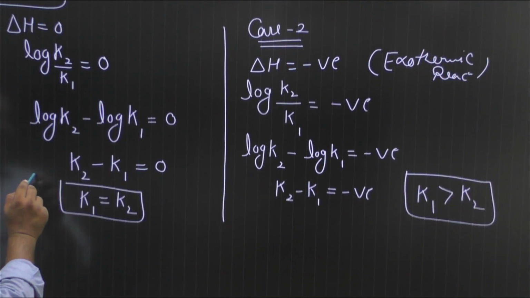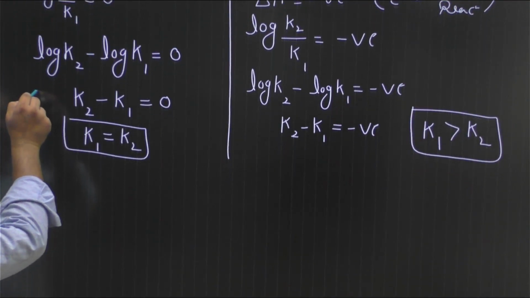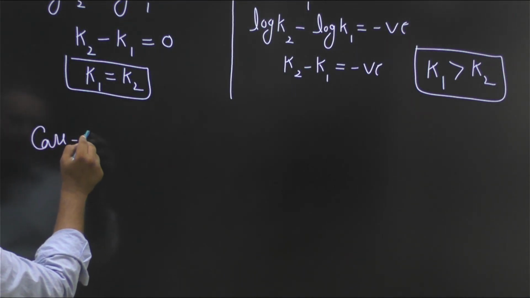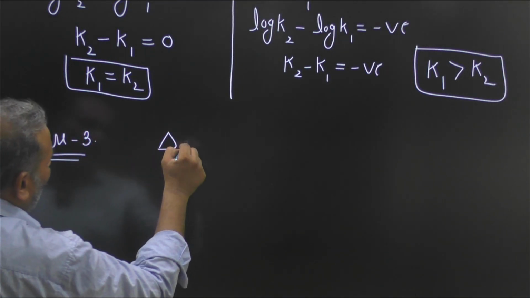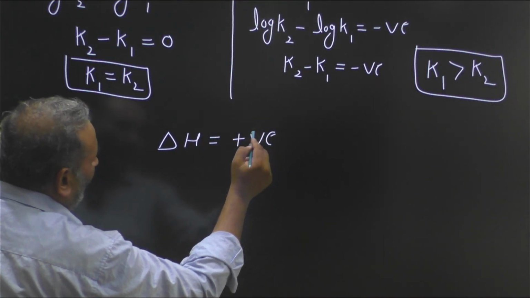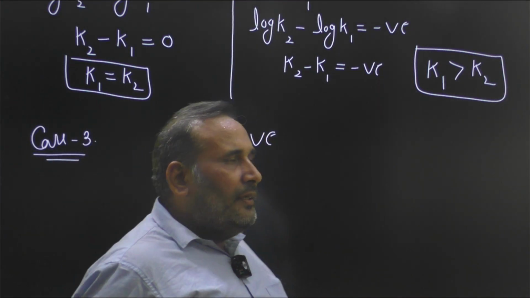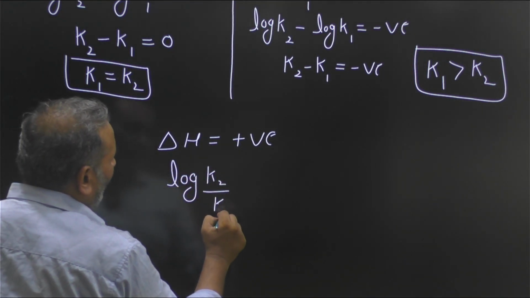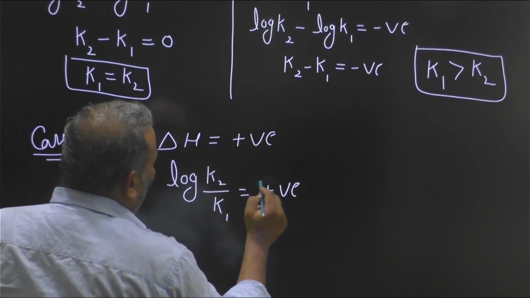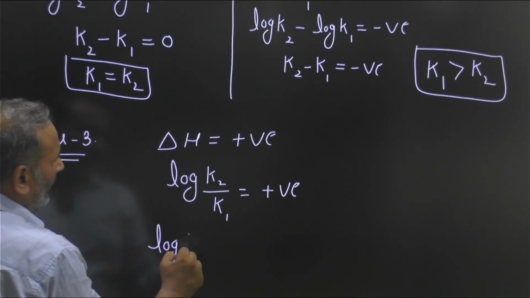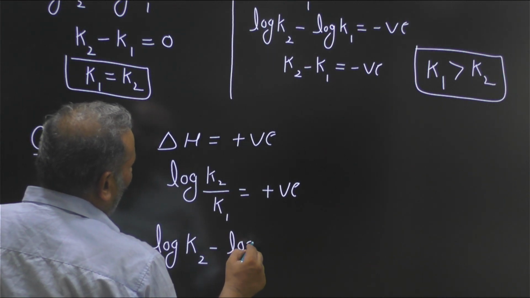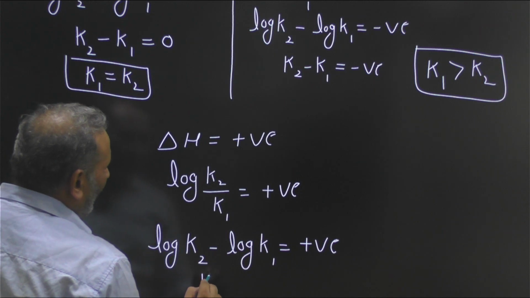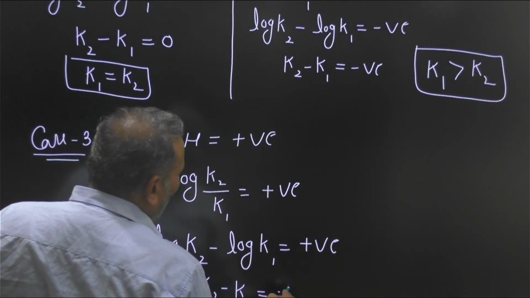Now take case number 3. If delta H is positive, then log K2 by K1 will be positive. So log K2 minus log K1 will be positive, and K2 minus K1 will be positive.